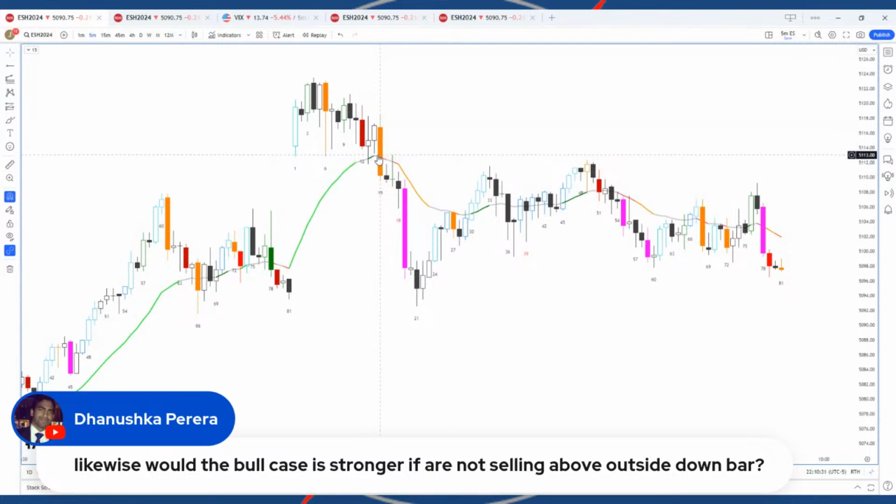Outside bars are incredibly context dependent, which is one of the reasons why they require a lot of study to be able to trade the outside bar properly. They are more context dependent than a lot of other things. I mean, obviously everything is context dependent, but like this outside down bar, we got selling above it, which made sense.